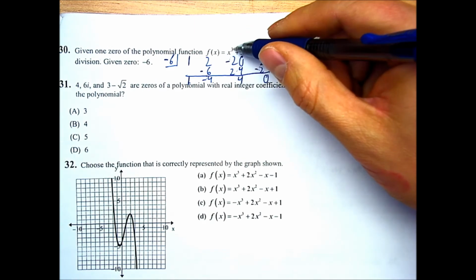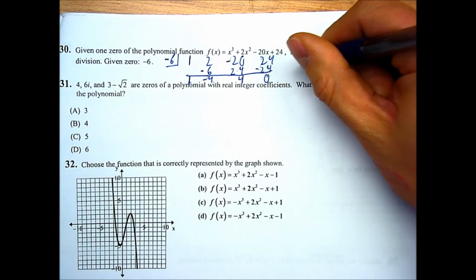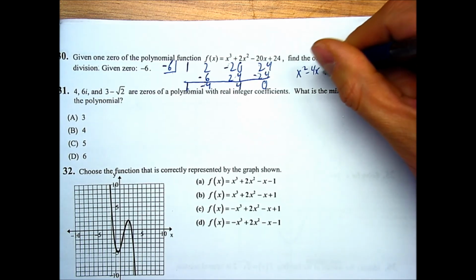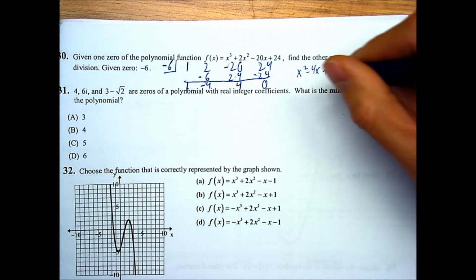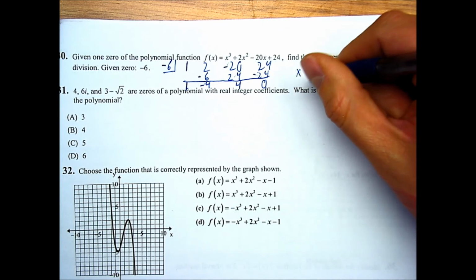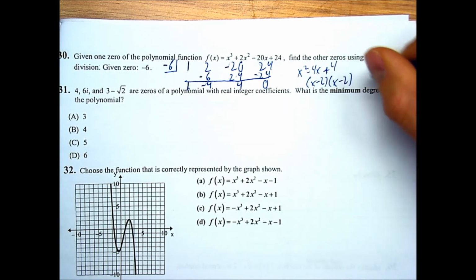Again, it decreases the function's degree by 1 when you divide it using synthetic division. So x squared minus 4x plus 4. And then what I'll do to finish this question to find the other zeros is to factor this out. 2 and 2 make 4 when they multiply, and if they're both negative, they can make a -4x. So this will be x minus 2, x minus 2 equals 0.